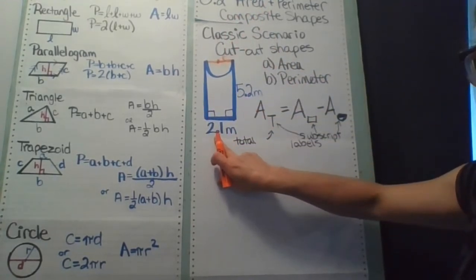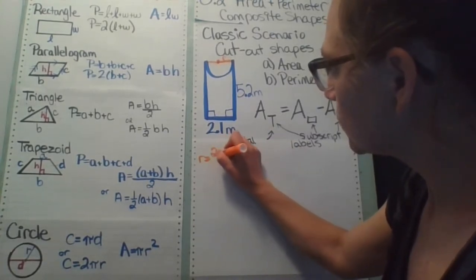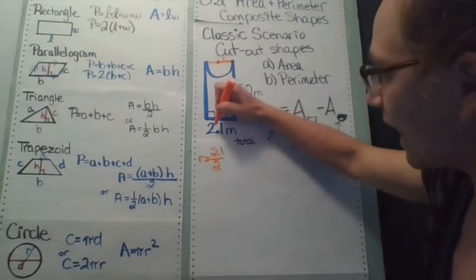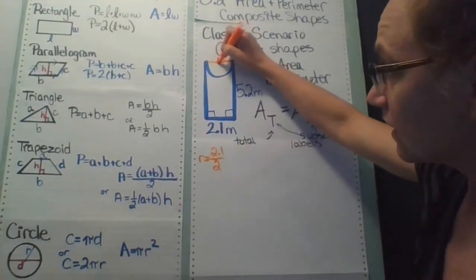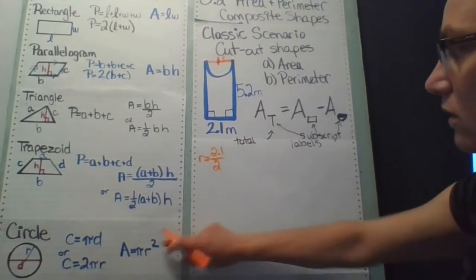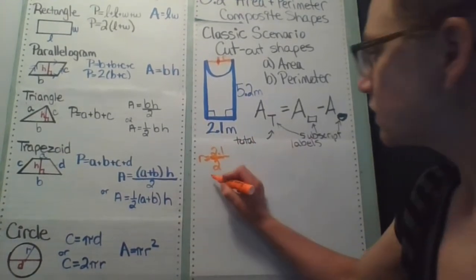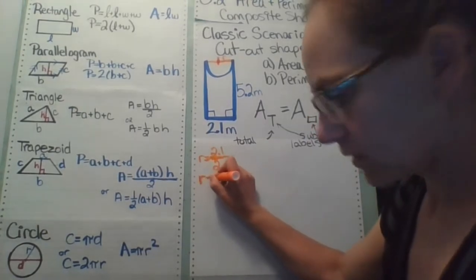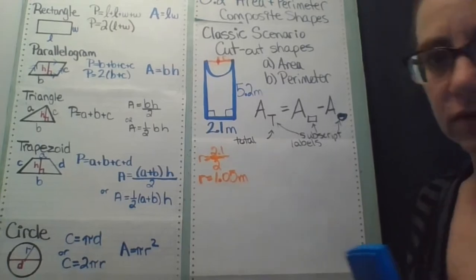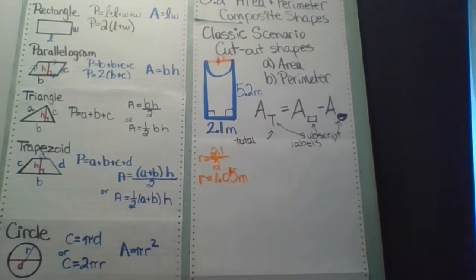So my radius is going to be equal to 2.1 divided by 2. So half of this distance is going to be my radius, and I need radius in order to do area. So radius is going to be equal to 1.05 meters. Okay, no problem.